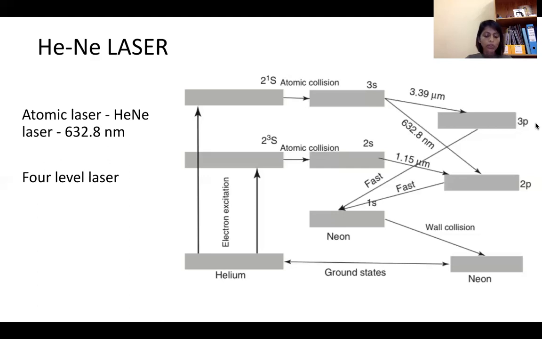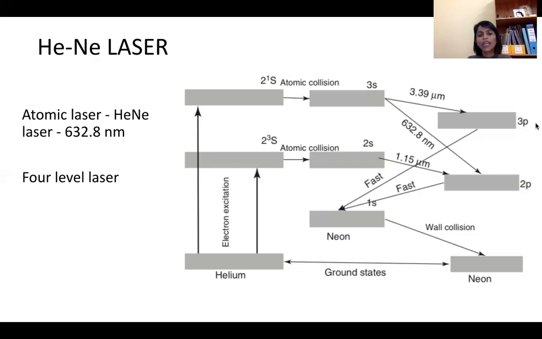Right. The pumping is achieved by electrical discharge, which will first generate free electrons and ions. They are accelerated by the applied field. Then these accelerated electrons and ions will collide further to ionize and excite the gas medium.